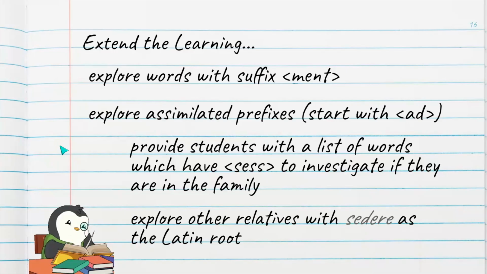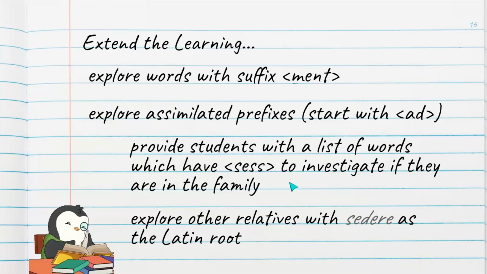But for this particular word, assessment, what if we looked for other words that had the suffix ment? That might be fun. You can do a whole thing with assimilated prefixes because AD takes on multiple forms. And so we know that now AS is one of them. What are the other forms that we can come across with that particular prefix?